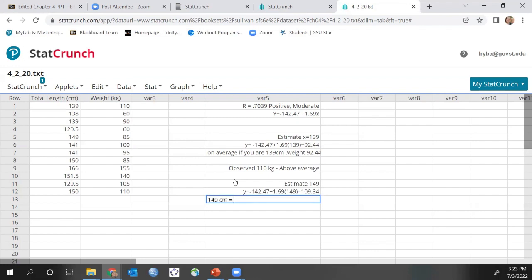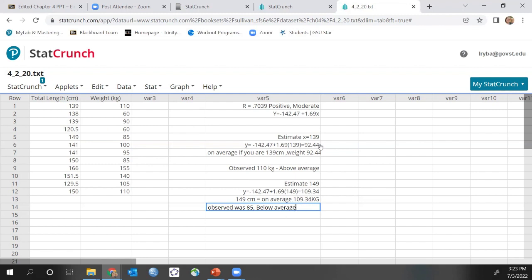Ours at 149 was 85. So this one is below average.